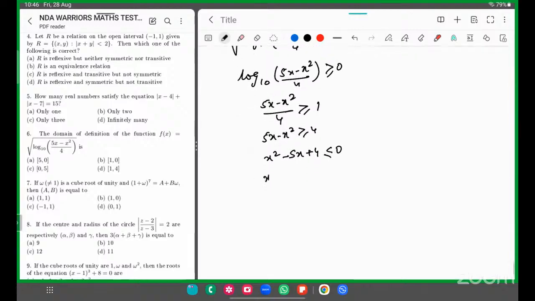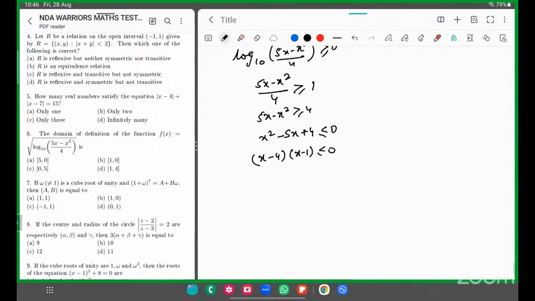Now I will find the two factors for it. So it will be x minus 4 into x minus 1, less than or equal to 0. On the number line, it is 1, it is 4, positive, negative, positive. I want negative, so this is the output.